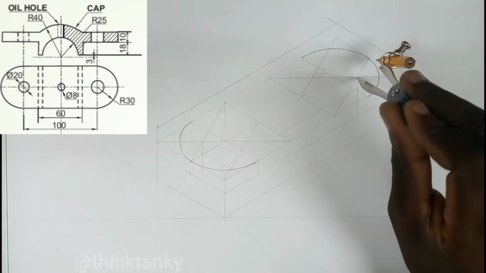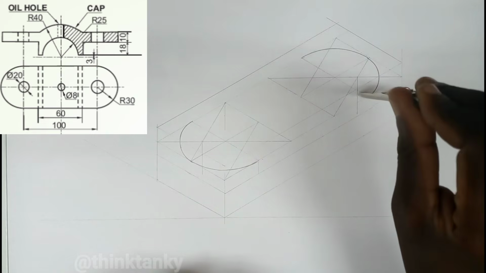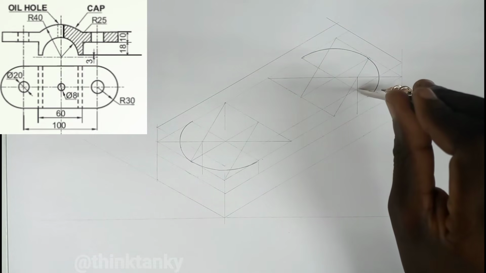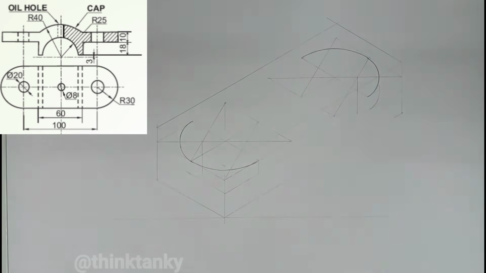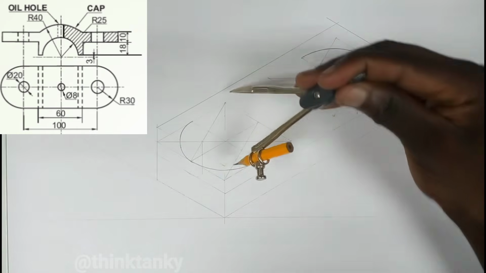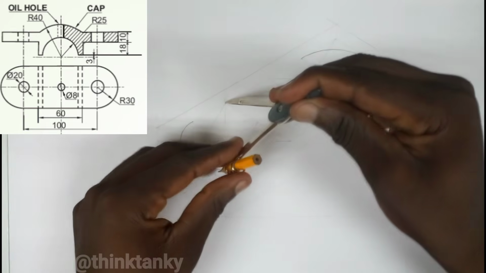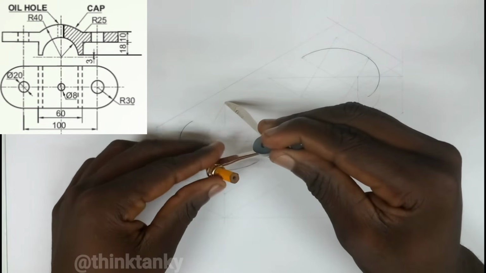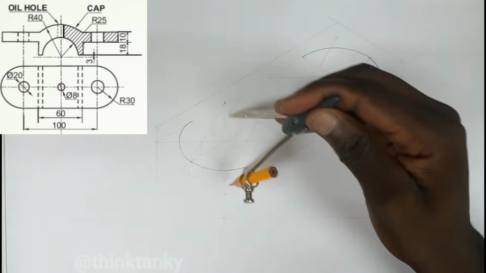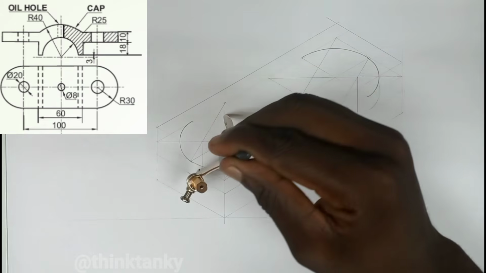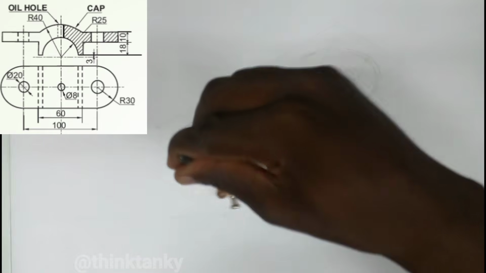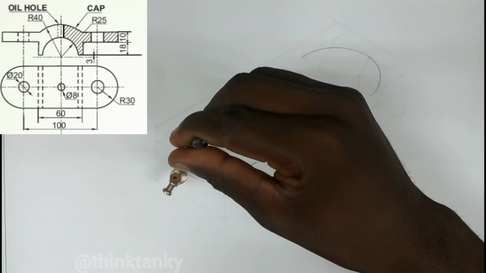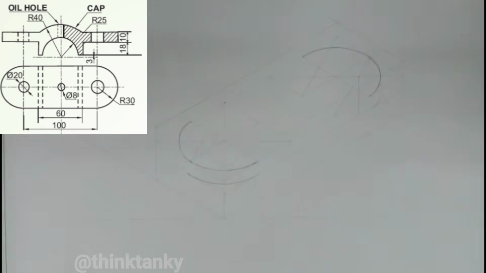And I draw this one, side here, go downwards, strike an arc like this one. Then when I draw this one, just go downwards. You can see you can join this line.